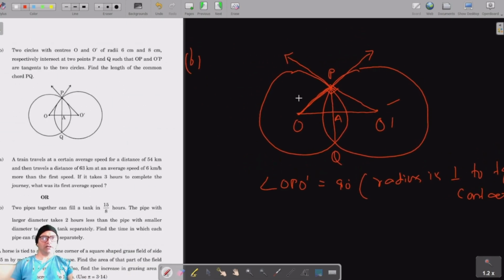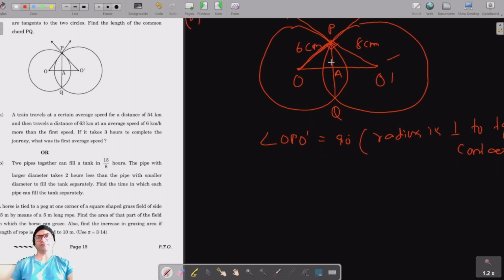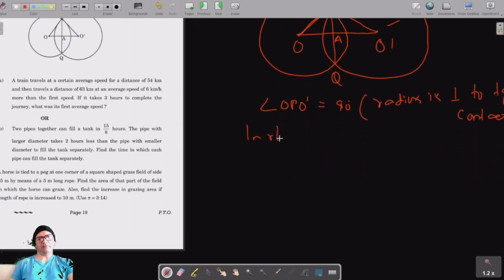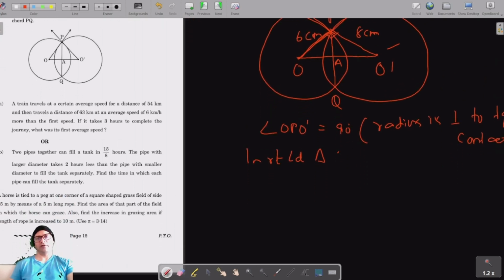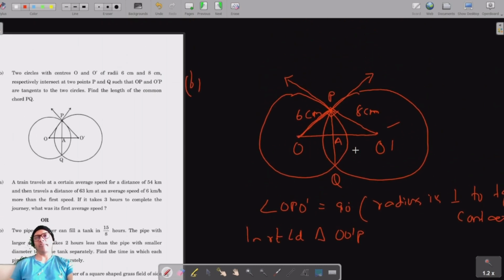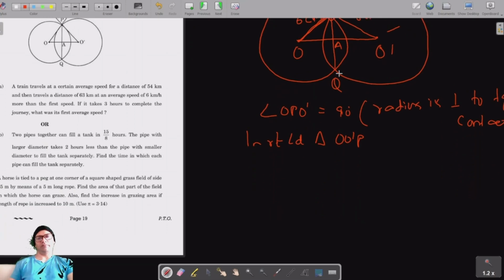Now, this is the radius of the smaller circle with center O, and this is 8 centimeter. So in this right angled triangle, we can use the Pythagoras theorem.